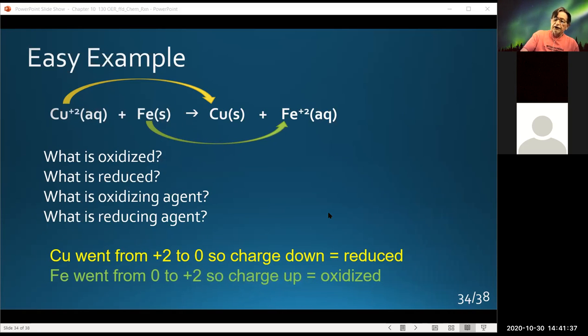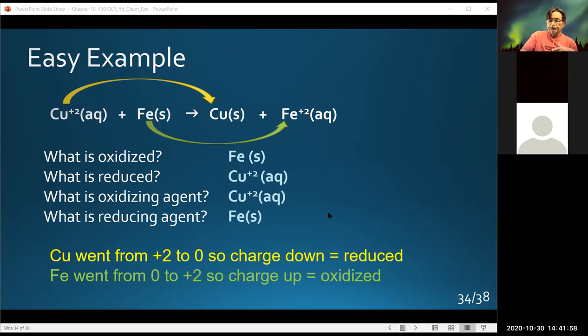Iron went from a 0 to a +2 state. So in that scenario, it underwent oxidation because it lost 2 electrons, which copper picked up. Therefore, solid iron is what is oxidized, so it is the reducing agent. And copper 2 ion is what is reduced, so it is the oxidizing agent. Okay.